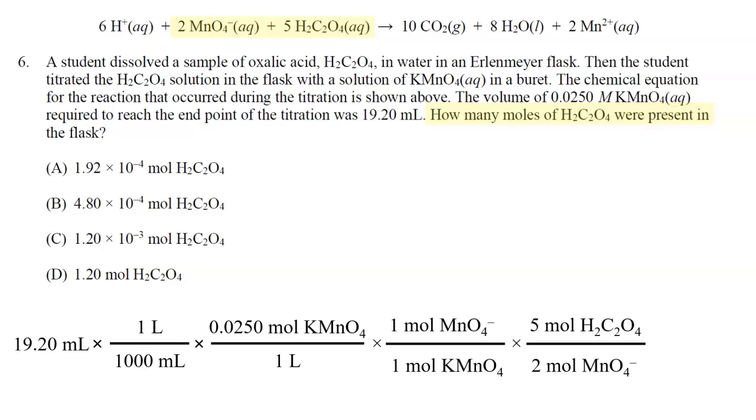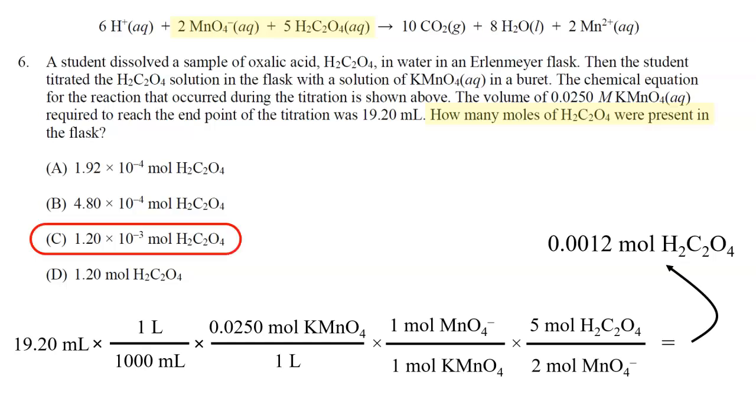So this calculation gives me a value of 0.0012 on my calculator, which, if I write that in scientific notation, would be 1.2 times 10 to the negative 3 moles of oxalic acid. So the correct answer to question 6 is choice C.